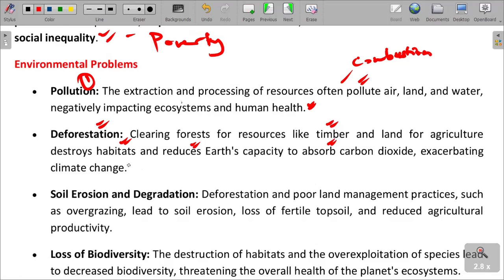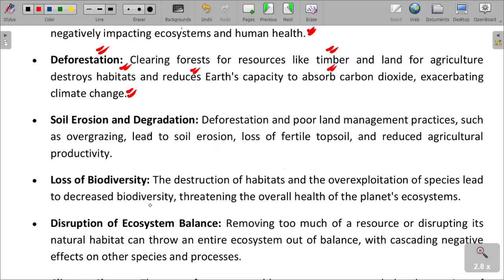Then there are soil erosion and soil degradation, which are also a result of deforestation and poor land management practices such as overgrazing. As I mentioned in the beginning, we have what is called carrying capacity.